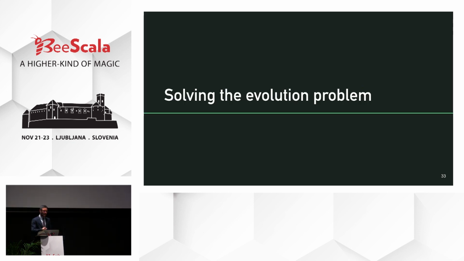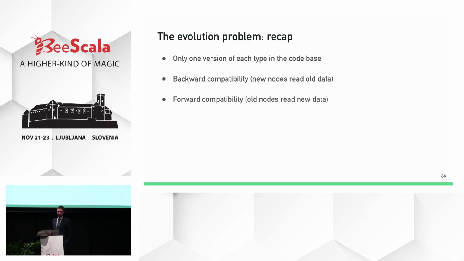Anyway, so now back to the point of this presentation and solving the evolution problem. To recap, I want to be able to have backward and forward compatible serialization protocols without having to write anything by hand, and more importantly, without having to carry along the old versions of my ADTs in my code base.